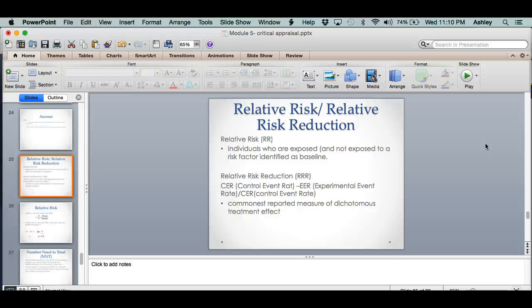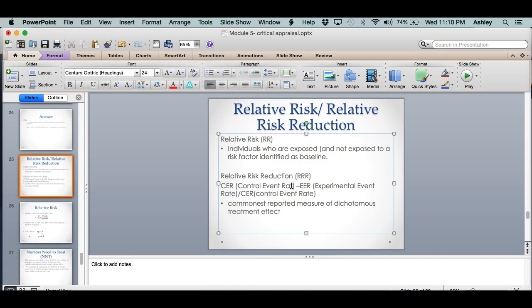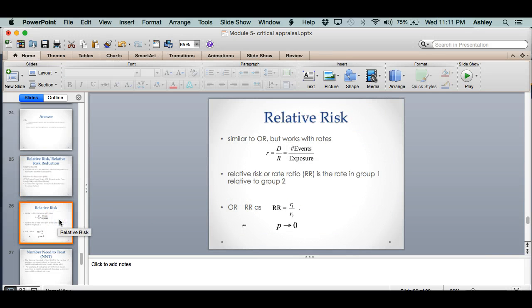And relative risk reduction is based on CER, which is again the control event rate, minus experimental event rate, divided by control event rate. Here's another look for relative risk.